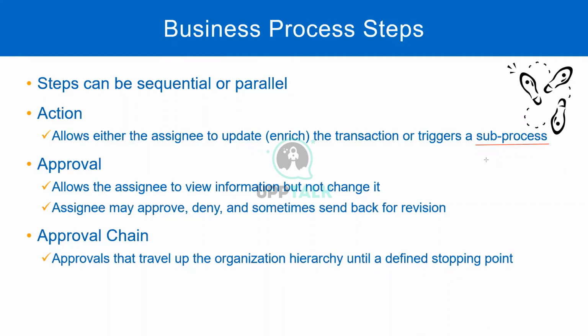Now contrast that with an approval step. In an approval step you view the information, but you cannot change it. I mean, the approver cannot change it. Okay, think about this. Let's say you have applied for a leave for the 15th of April.